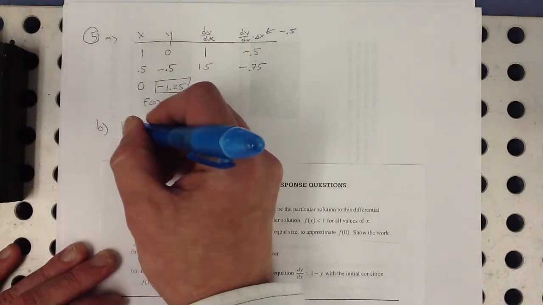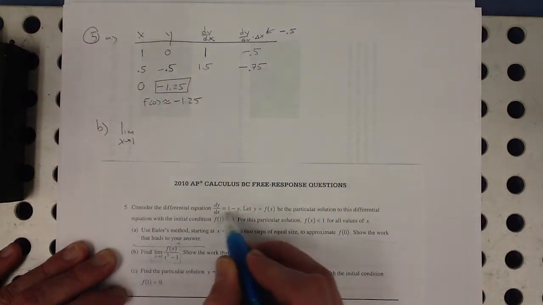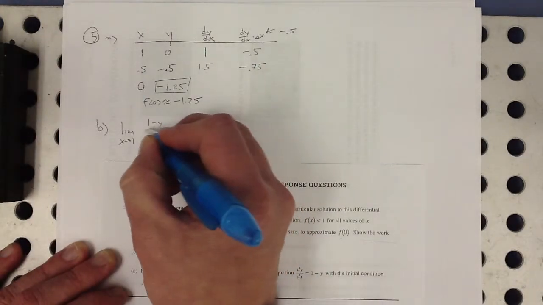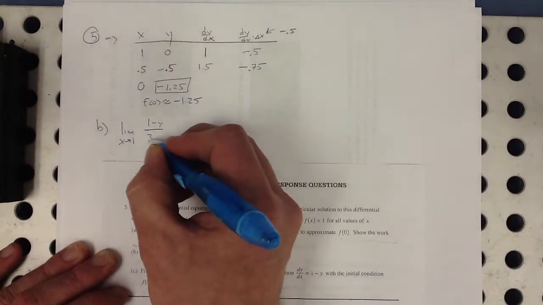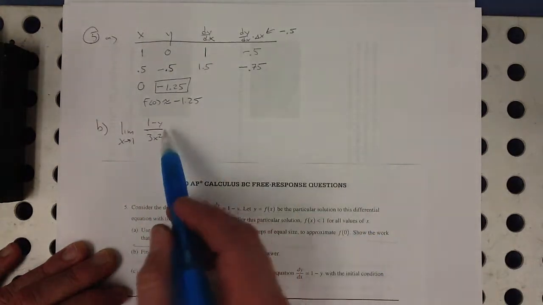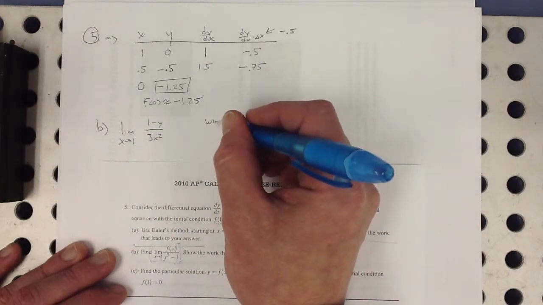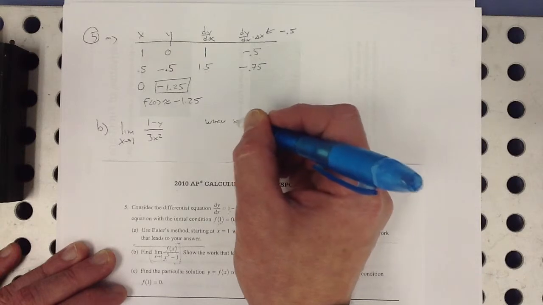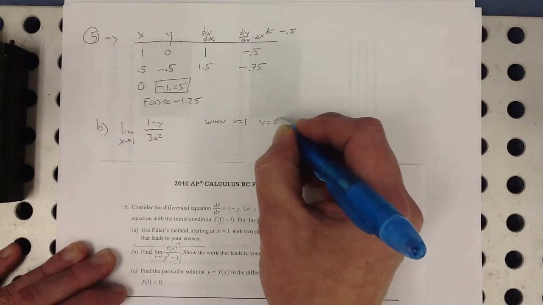So that means L'Hopital's rule says I can take the derivative of the top, which is 1 minus y, over the derivative of the bottom, which is 3x squared. And the weird thing about this is there's a y in here, but we know that when x equals 1, y equals 0.